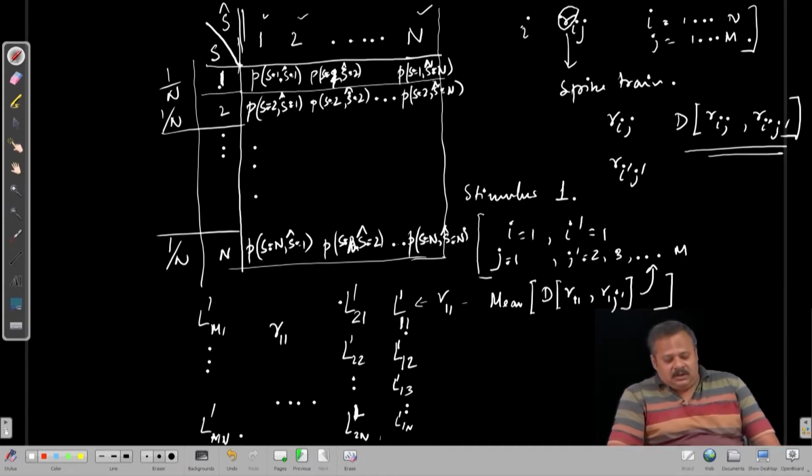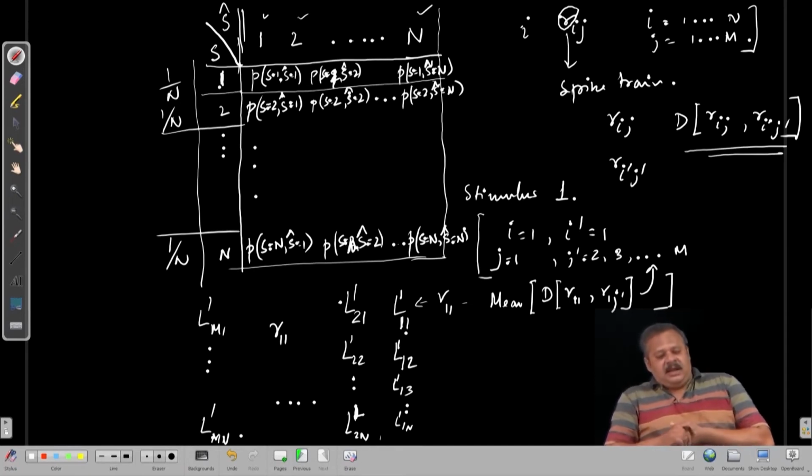So, now think about it. Let us say in each and every spike train, based on these distances, we assign it to the correct stimulus. That is, for all the capital M spike trains for the ith stimulus, we find that all the spike trains are closest to its own set of spike trains, and the distances from the other spike trains are always larger.